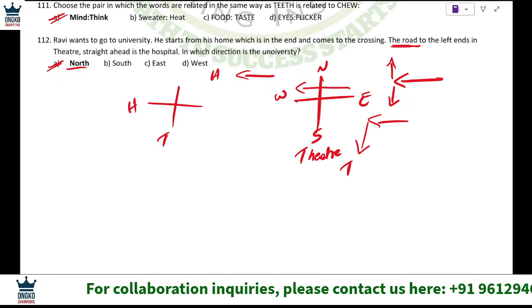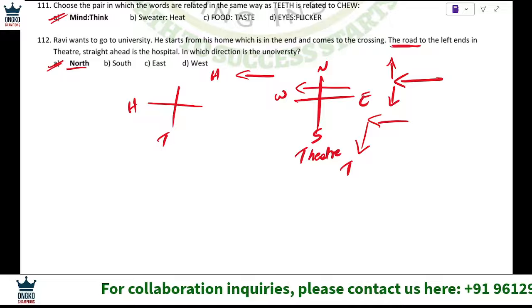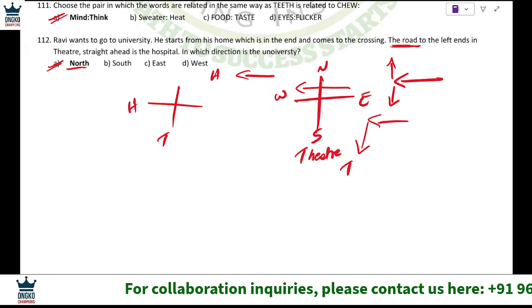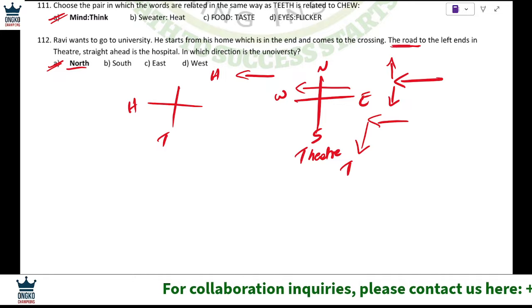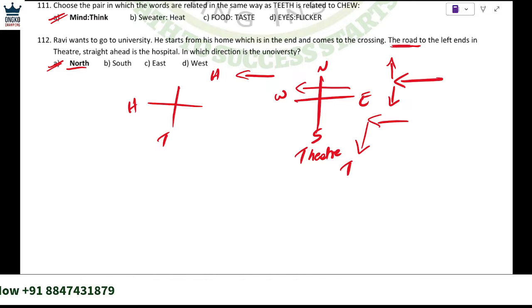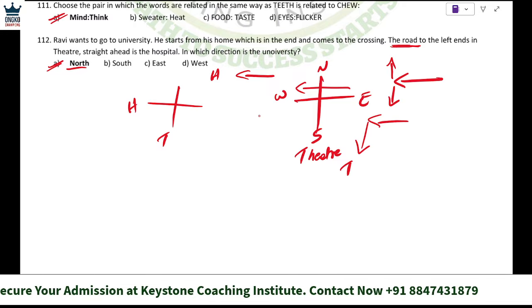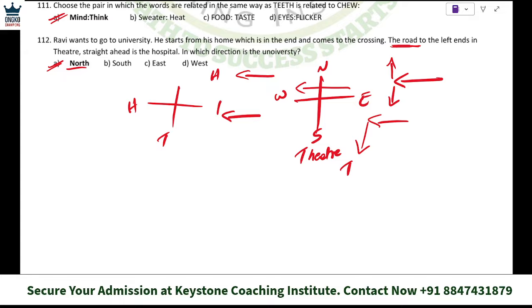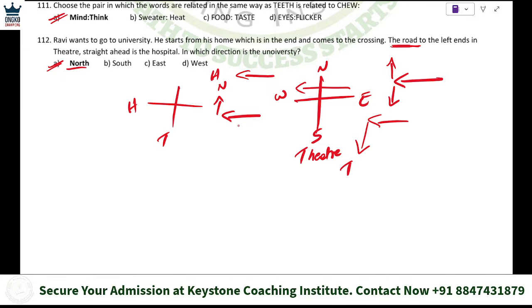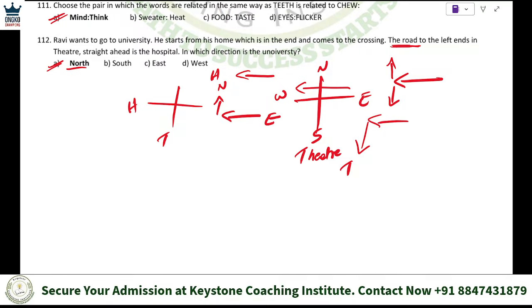So the road to the right would be north, or no? And the road behind him will be what? East. And behind him will be what? East.